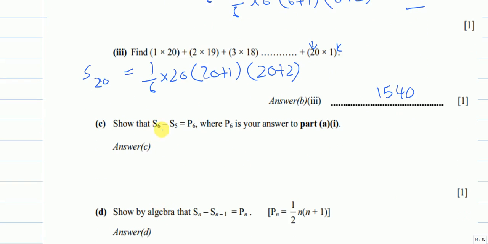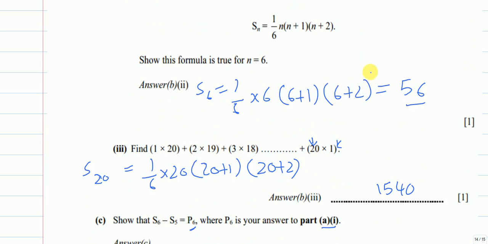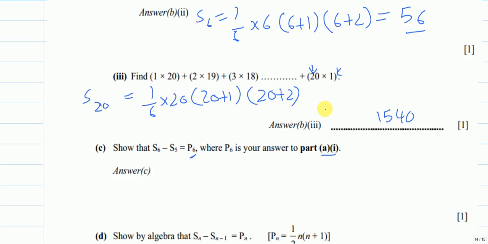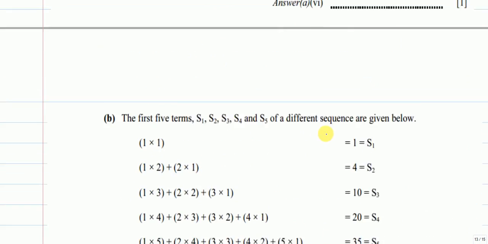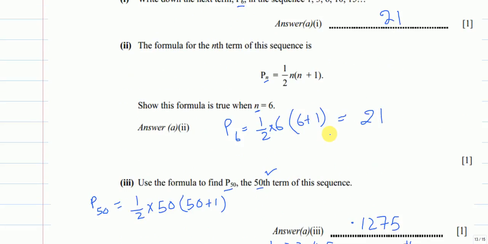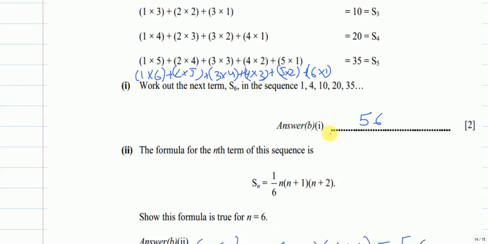Okay, part C now. Show that S6 minus S5 is equal to P6, and what is P6? It is part A1. Part A1, sorry, I have to go back to part A1, not B1. I saw B1. Part A1 is 21, so the answer should come up to 21, and it should be simple. Let's see.